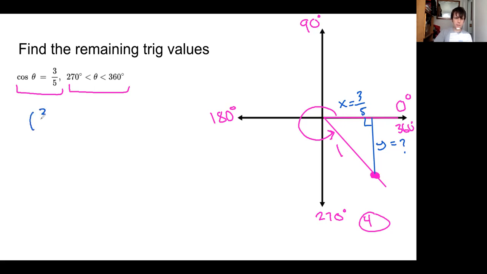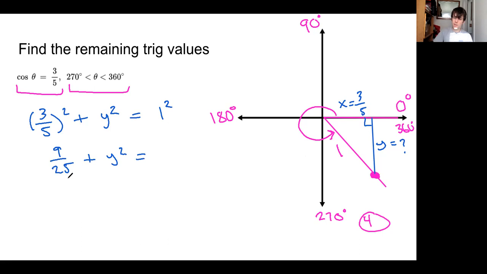So I get (3/5) squared plus y squared equals 1 squared. Remember with the Pythagorean theorem, the hypotenuse always has to be the c, always the radius in these cases. So we end up with 9/25 plus y squared equals 1.